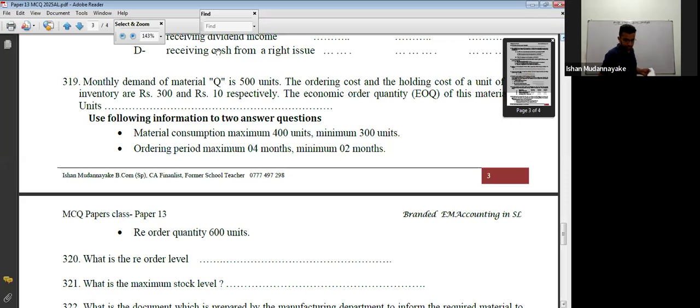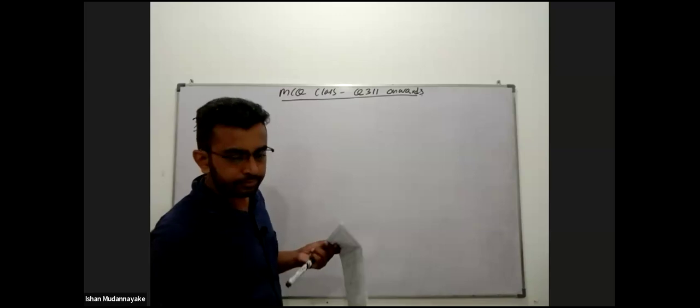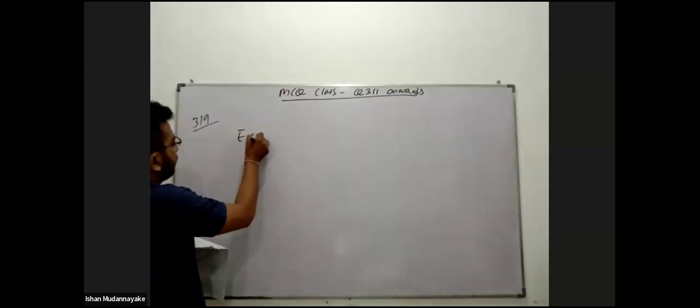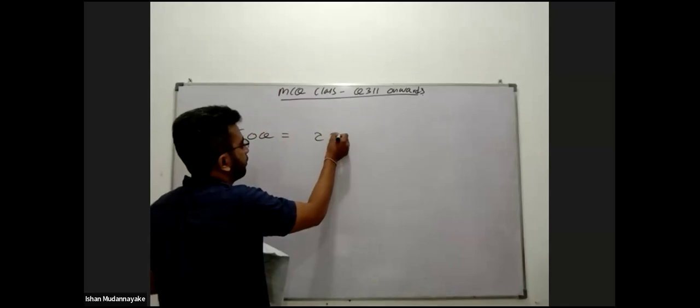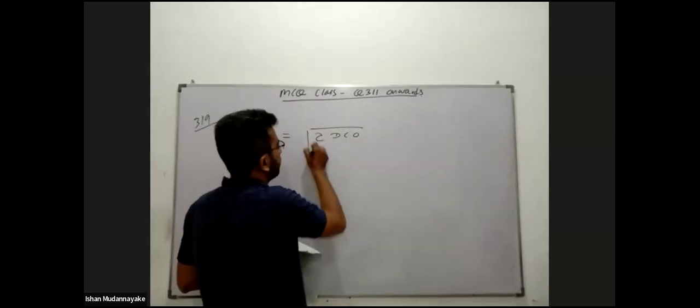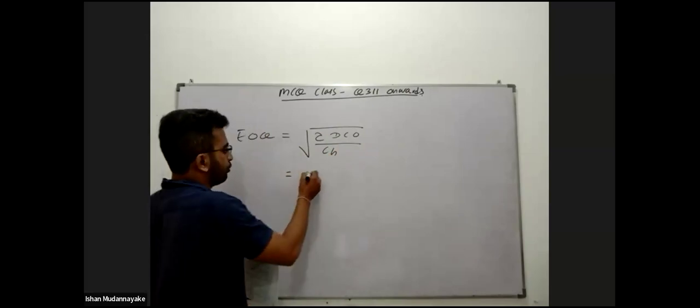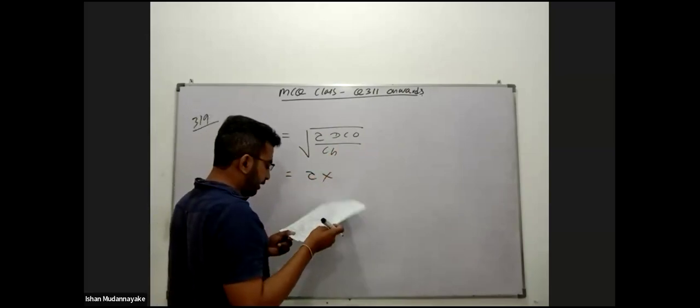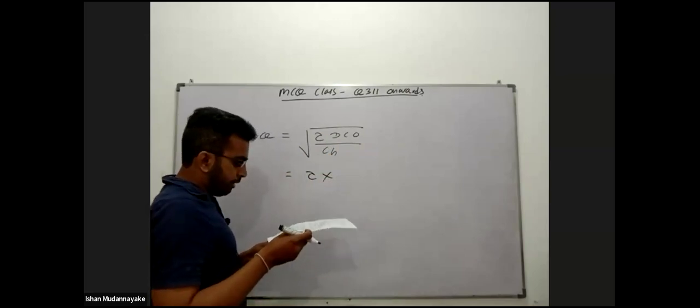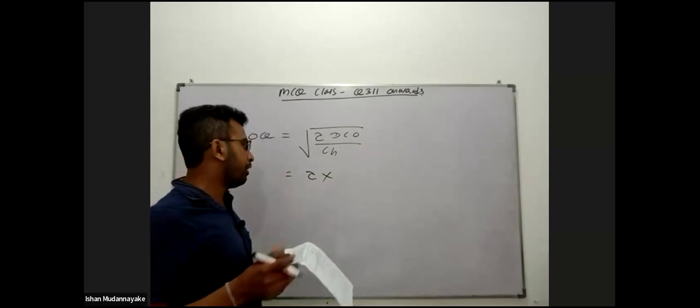Question number 390, EOQ. What's the answer? Economic order quantity is the square root of 2DCo divided by Ch. 2 multiplied by D. D means annual demand. Monthly demand is 500, so annual demand is 6,000.